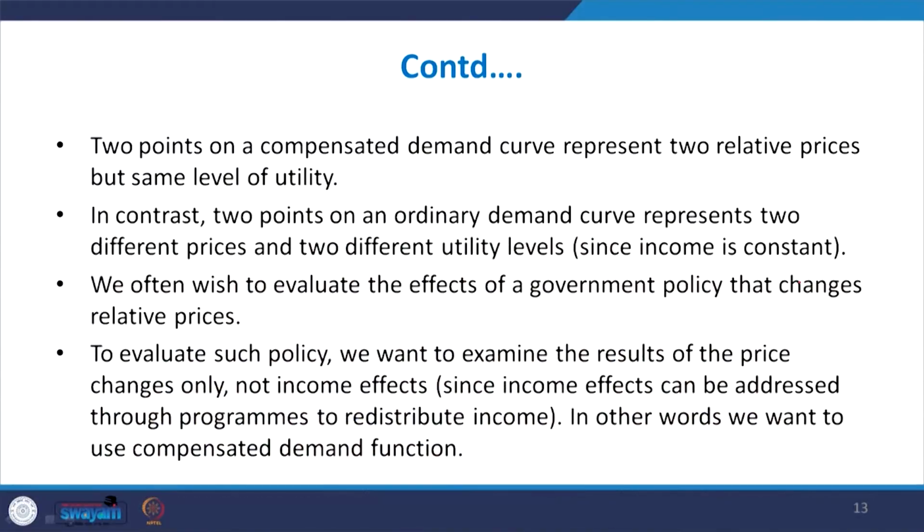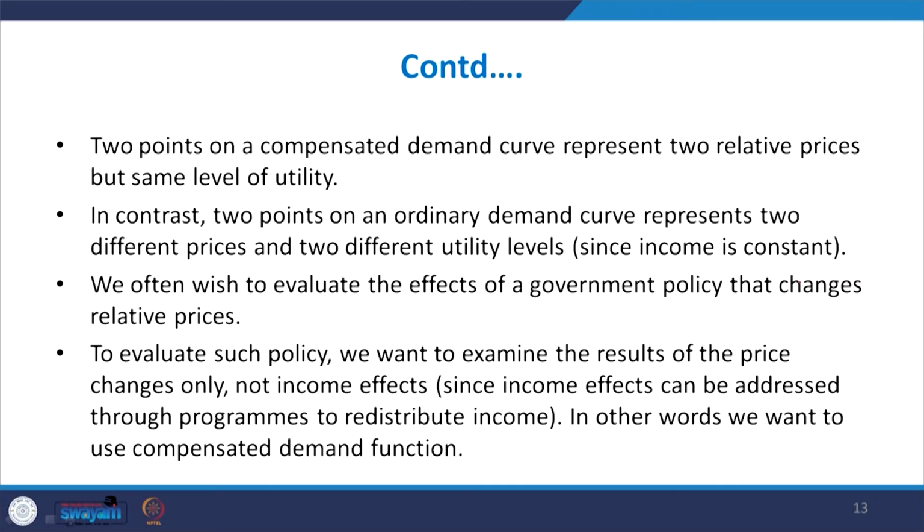So, what can you understand from these two concepts of demand? First, the 2 points on the compensated demand curve represent two relative prices, but the same level of utility. So, relative prices change when we move from one point to another on the same demand curve in case of the compensated demand curve, but utility is the same.